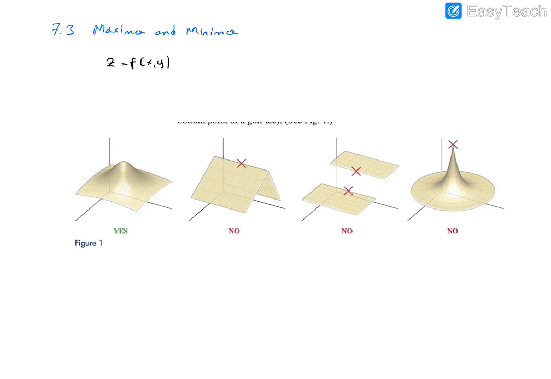Okay, so this is a smooth surface. We can discuss the partial derivatives for this function. This will have an absolute maximum, as you will see. But this is not smooth, there is an edge.